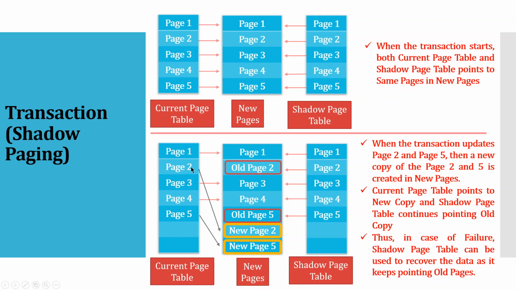You can see here that page 2 and page 5 were changed. The current page table is pointing to these, and the shadow page table is still pointing to pages 1, 2, 3, 4, 5, the old pages. So whenever there is a transaction failure, the shadow page table will be used and the database will be recovered. This is what we have covered so far in this topic, that is recovery.